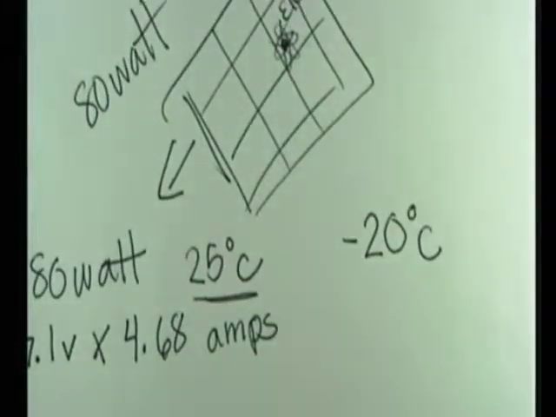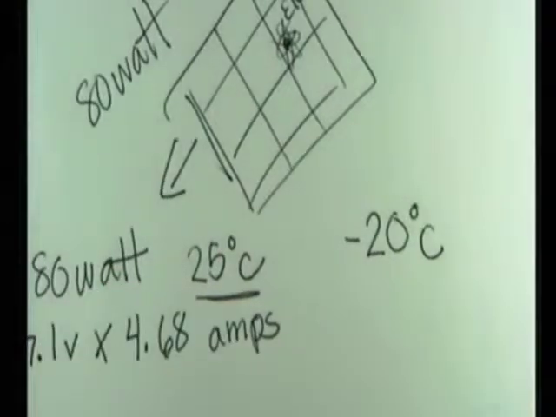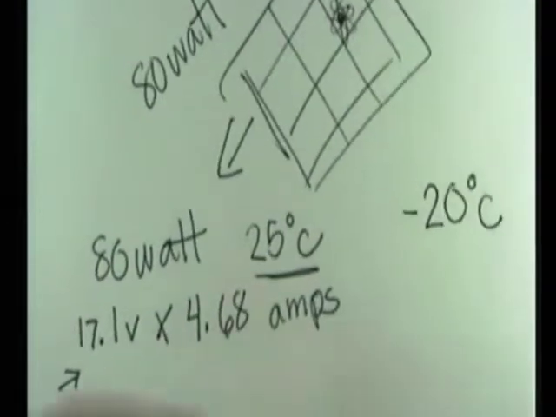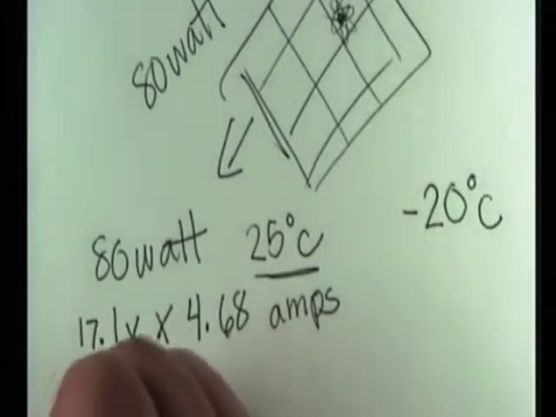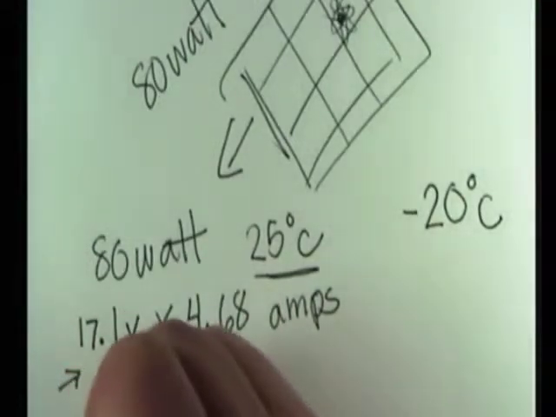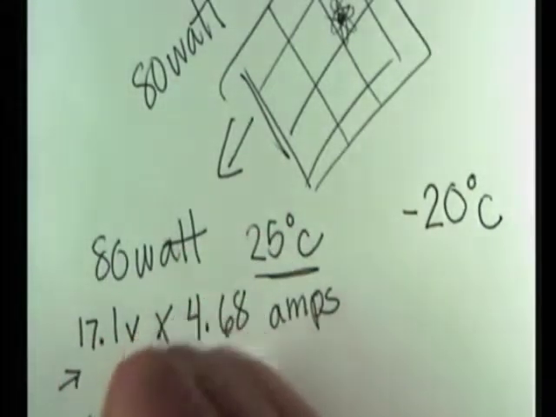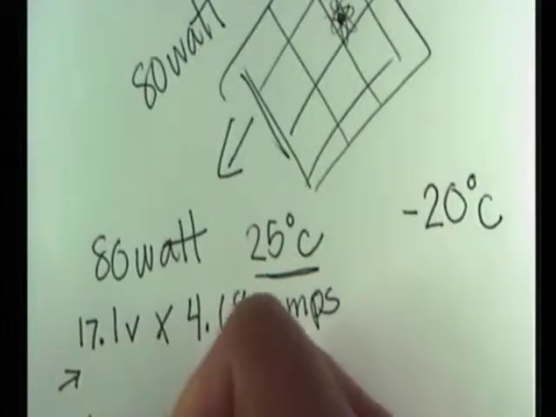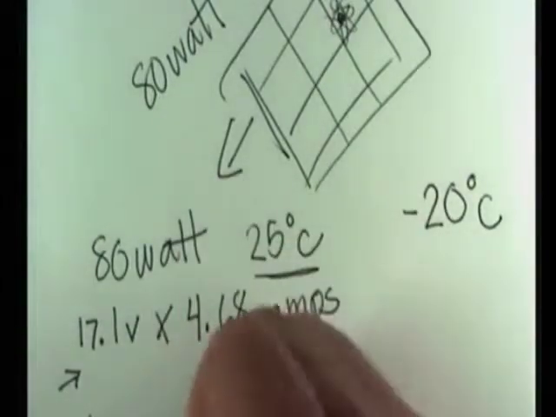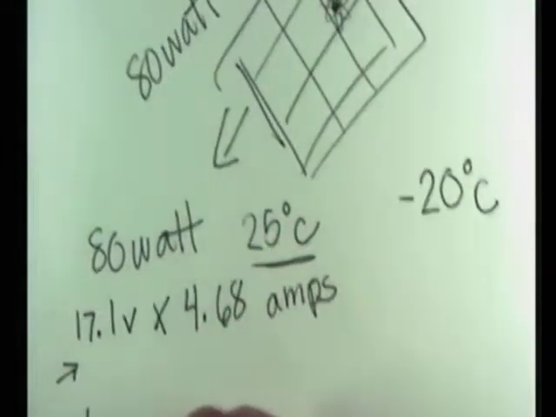Now we know something. We know that voltage is going to vary 1/2 of 1% for every single degree Celsius change. So that's a really tiny number. So the delta T, it looks something like this.